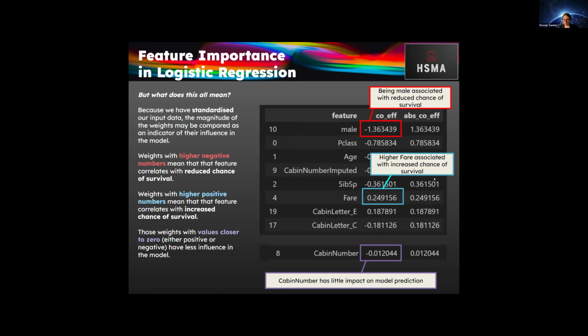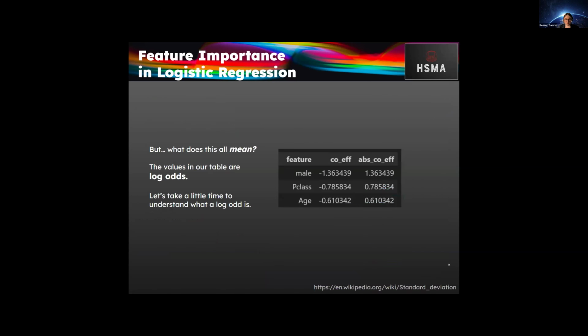So here, higher fare is associated with an increased chance of survival, but it's not having as much of an impact as being male. Something close to 0, so down here all the way at cabin number, we've got negative 0.01. That's having very little impact on the model prediction. The model is practically ignoring that on average across our different people.